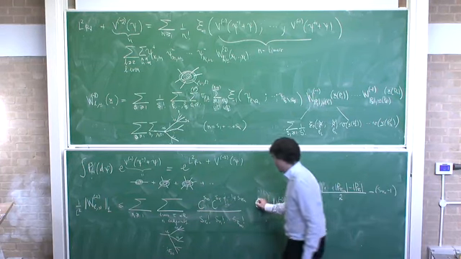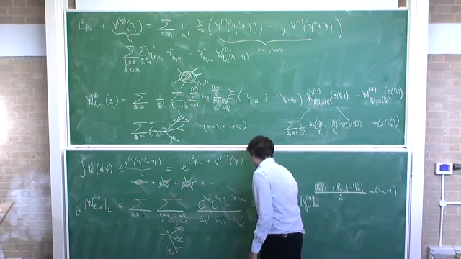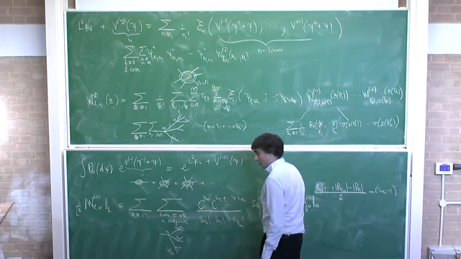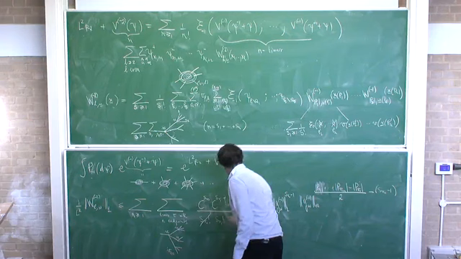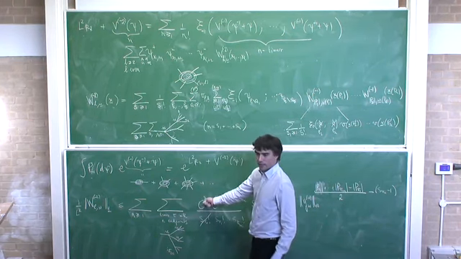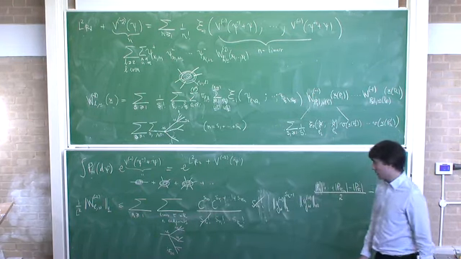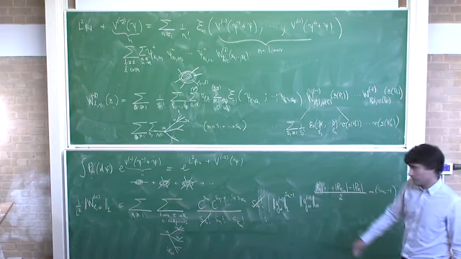Okay, and then I have to count the number of spanning trees which I have on that scale, and this simplifies up to a constant c to the SV0.